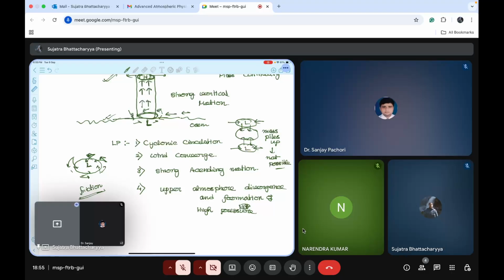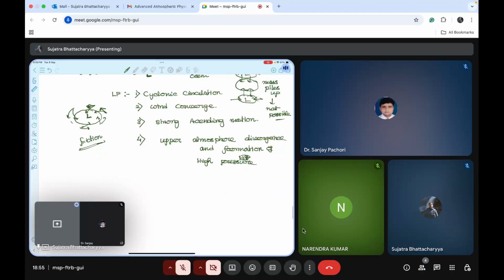When it cools, condensation takes place and cloud formation happens. So low pressure regions are generally associated with clouds and precipitation, rainfall.